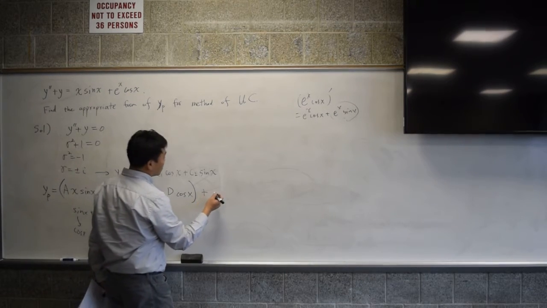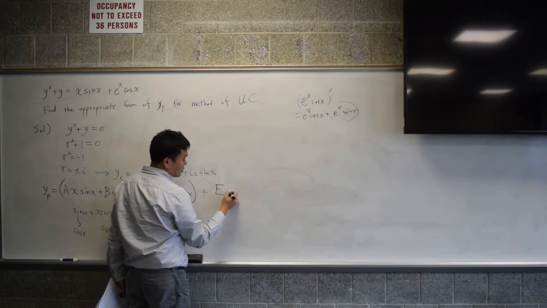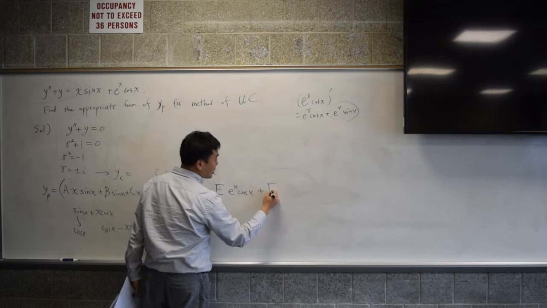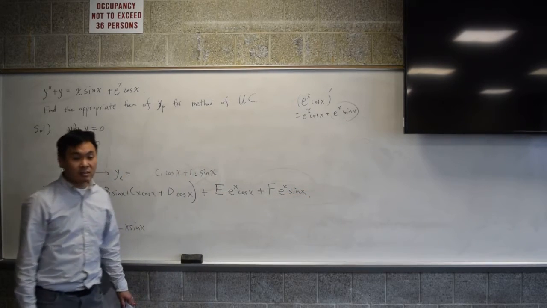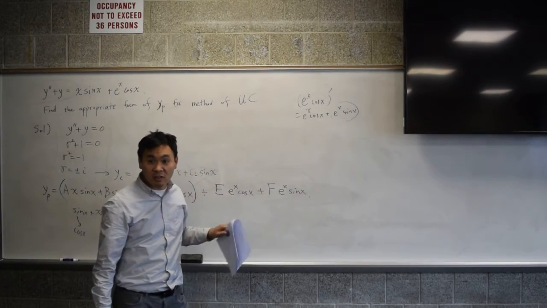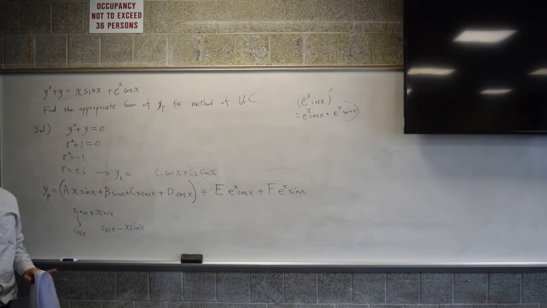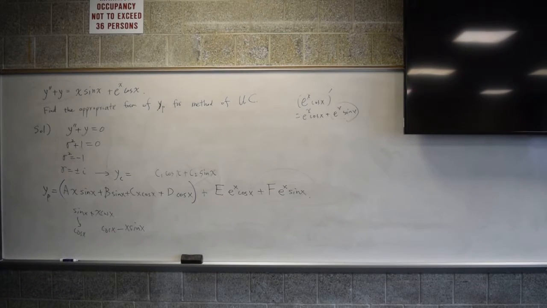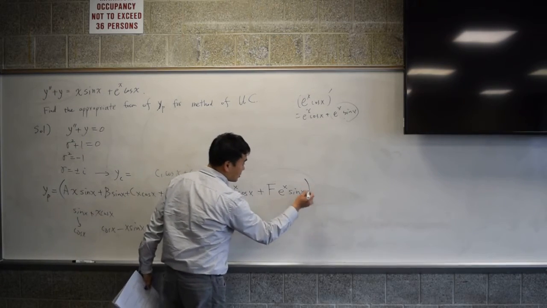So what should you include? e times e to the x cosine x plus f times e to the x sine x. That's it, right? There's no other terms. If you keep differentiating this, you'll only see these terms appearing. You'll never see anything else. Agreed? Now, it doesn't stop here. By the way, these two form a single group.